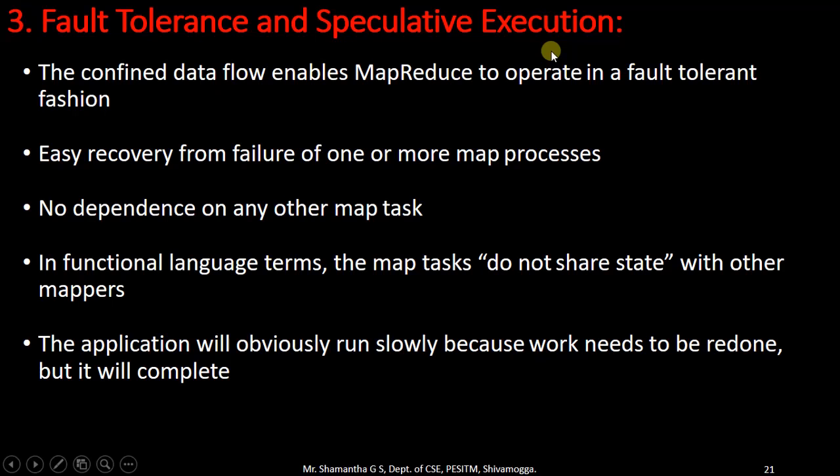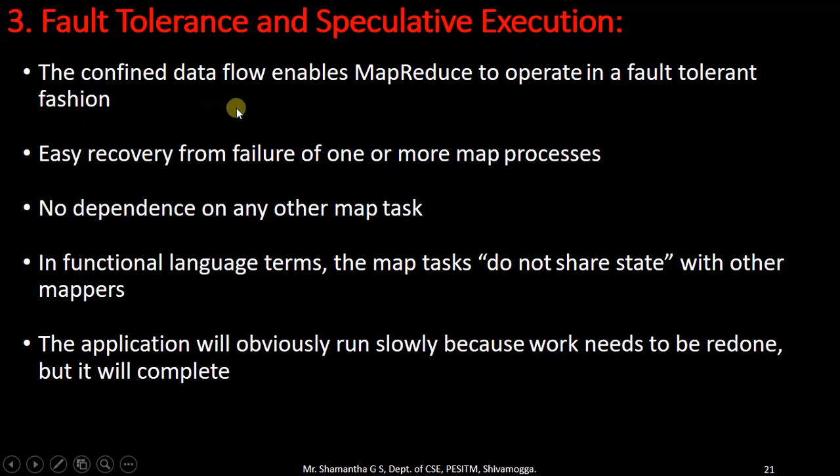The design of MapReduce makes it possible to easily recover from the failure of one or many map processes. For example, should a server fail, map tasks that were running on the machine could easily be restarted on another working server because there is no dependency on any of the map tasks.